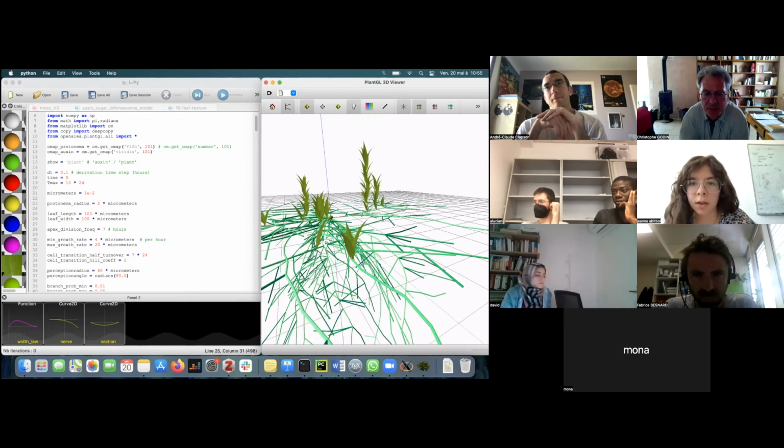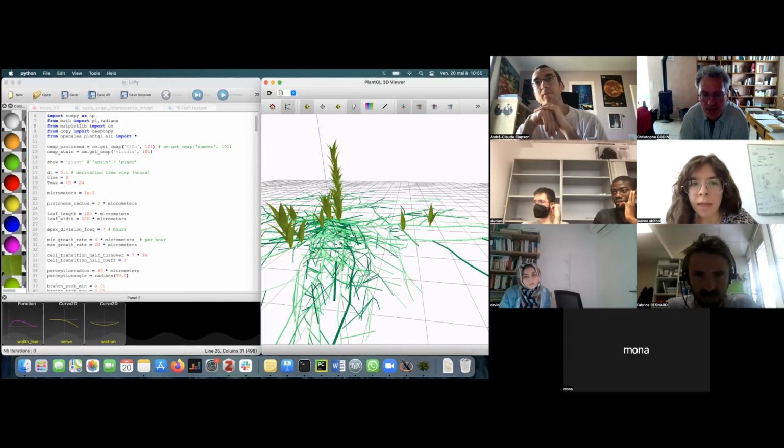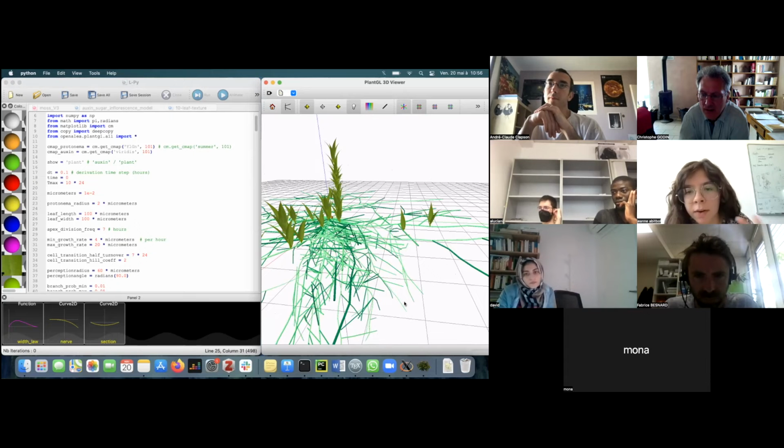And there are some segments that are changing position completely, which is a bit weird sometimes. Yes, that's the apical cells. There are little details like this which are not realistic, and I need to work on them.